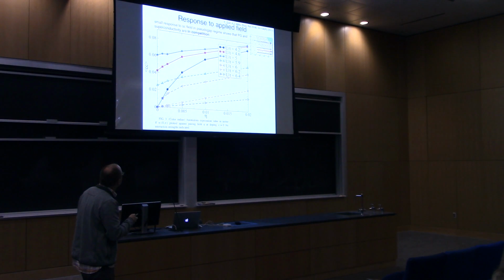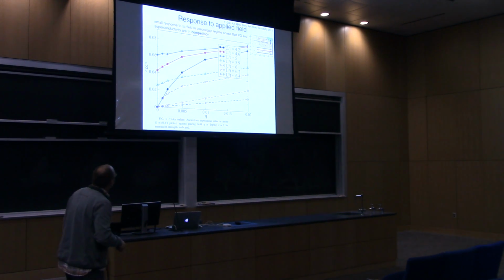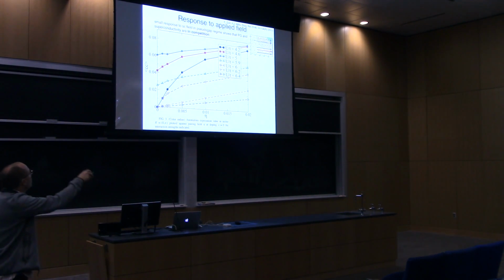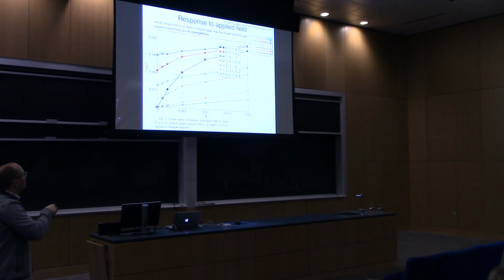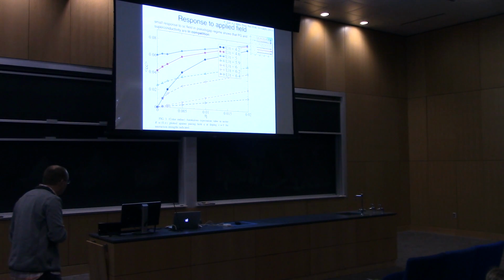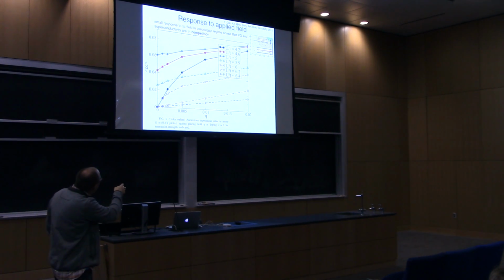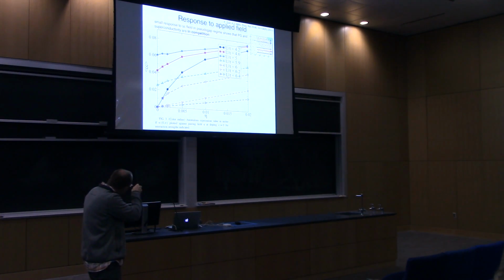As we then enter the pseudogap regime, in the normal state above the superconducting transition, where we have a pseudogap, and we apply a d-wave superconducting field to that pseudogap state, you can see that the response to that applied superconducting field is very, very small.